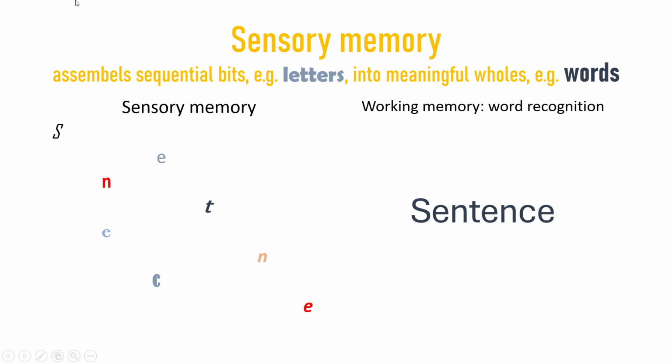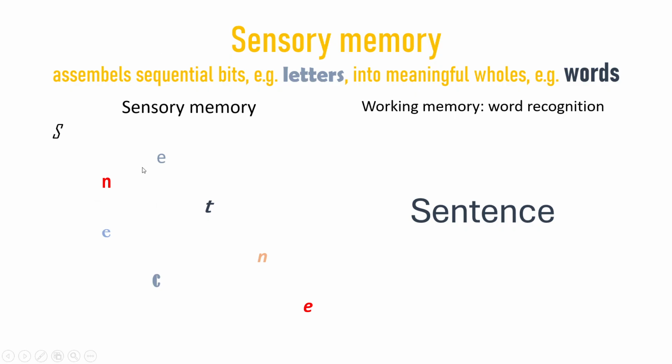And when it comes to language learning, look at the left. Sensory memory receives input in a chronological sequence, usually, especially when you listen to speech. But when you are reading, it's partly in a sequence, partly holistically perceived words. I'm not going into that.